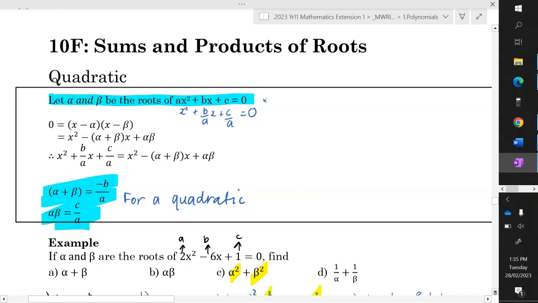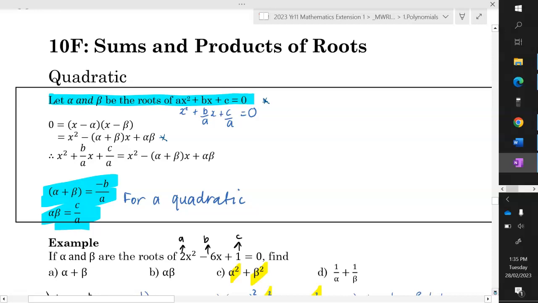And then what I can see is, from this part here and our original quadratic, if I was to divide each term in my quadratic by a so that my leading coefficient was a 1, I'd end up with 1 here, b over a here, and c over a here.